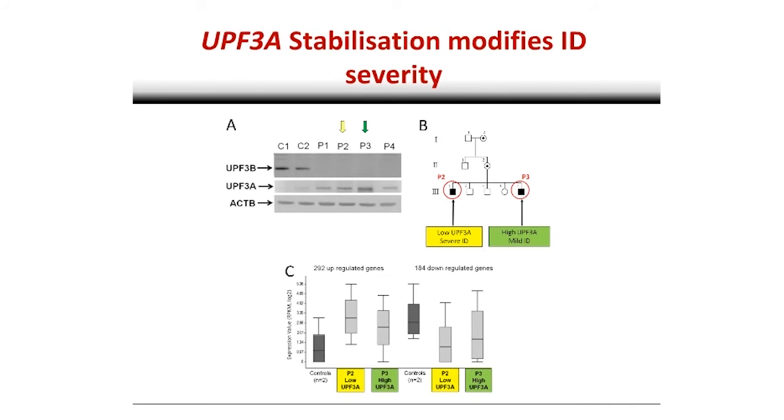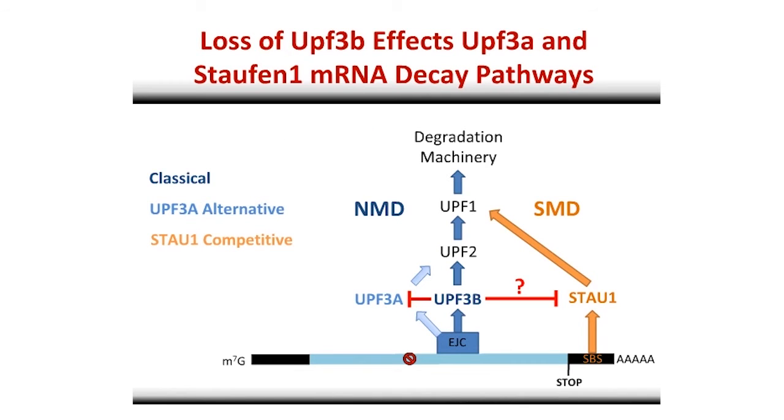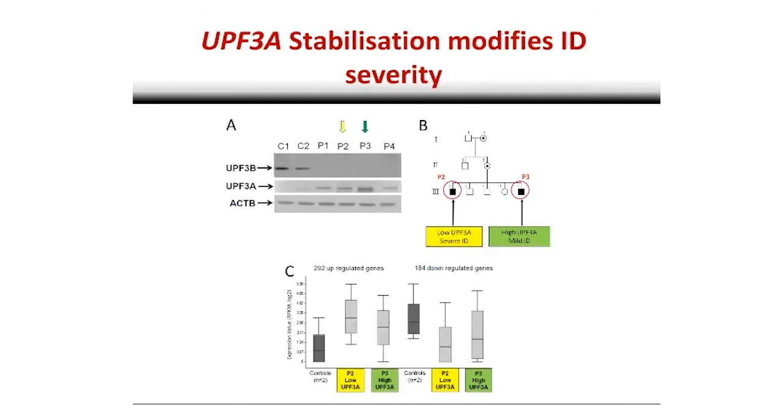In fact, if I just go back, this interplay between UPF3A and UPF3B we think is really important for the presentation of the pathology in patients with UPF3B mutations. So here are some affected individuals with loss of function UPF3B mutations. You can see P1, 2, 3 and 4 are all affected individuals and they do not have UPF3B protein. But you can see that normally UPF3A is absent in these cells, and these are patient-derived cells, but in the absence of UPF3B, you can begin to see that UPF3A becomes stabilised.